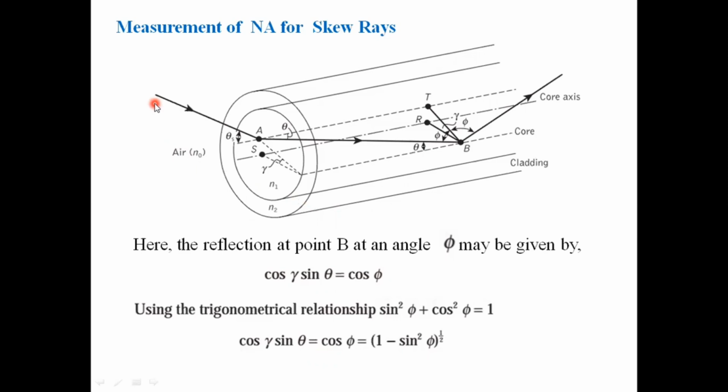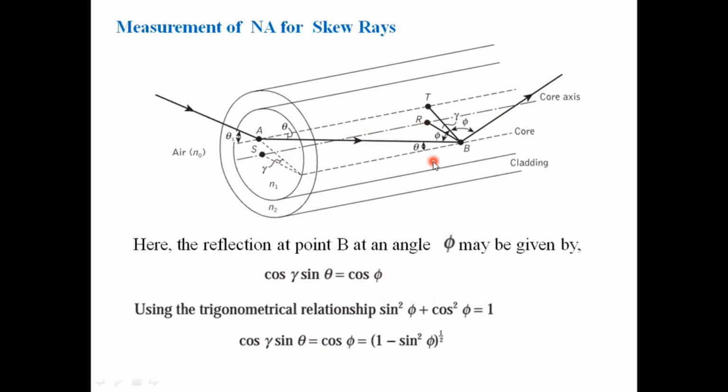The optical light enters from the air medium into the interface of core and air at point A. From point A, the light is refracted to the other surface of the core medium at point B. From there it is internally reflected into the same medium. Likewise, it travels from surface to surface, crossing the center axis, as we know already.